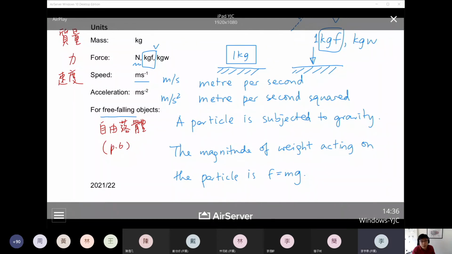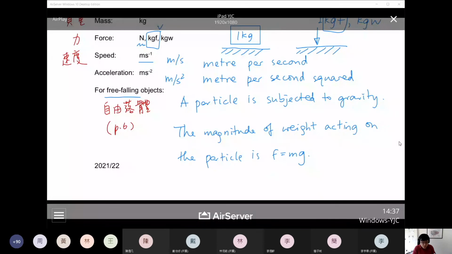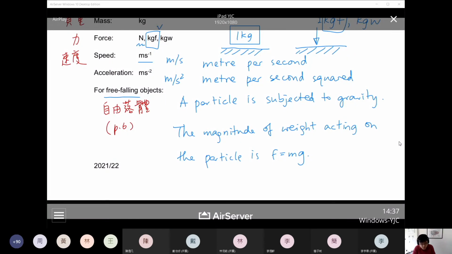Okay, thank you. There are two words that you have met in English class somewhere, but they have different meanings in engineering.